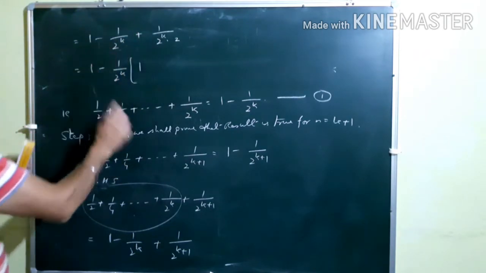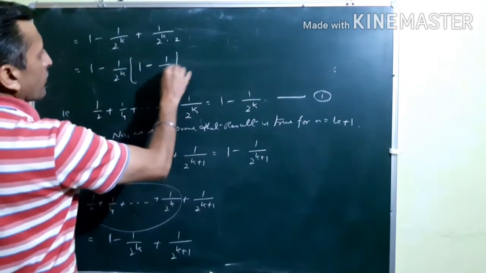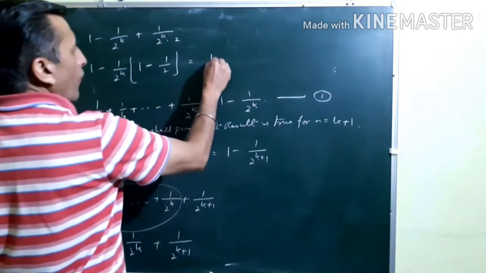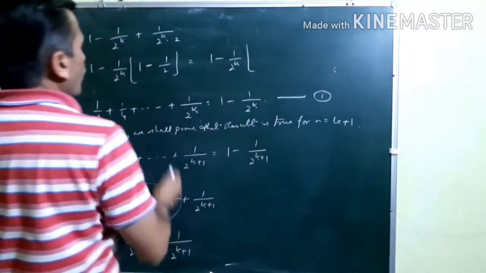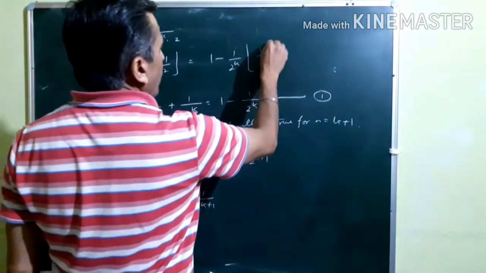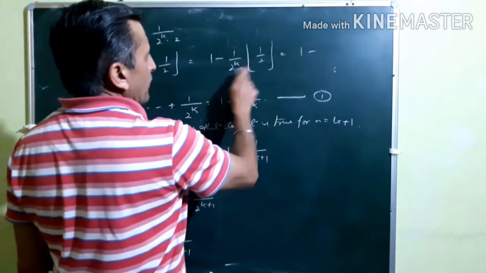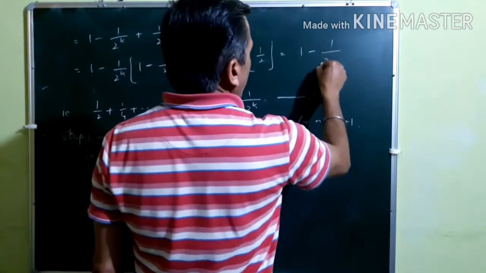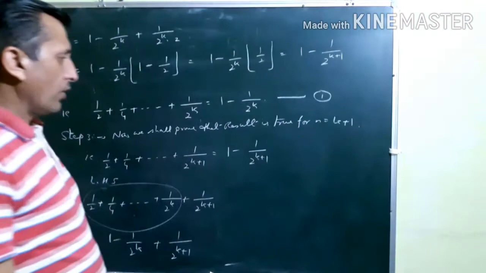From here naturally 1 is left, and plus minus 1 upon 2. This is equal to 1 minus 1 upon 2 to the power k into 1 minus half, which is 1 by 2. Now you know when the bases are the same you can add the powers, so 1 minus 1 upon 2 to the power k plus 1, and that will be your right hand side.